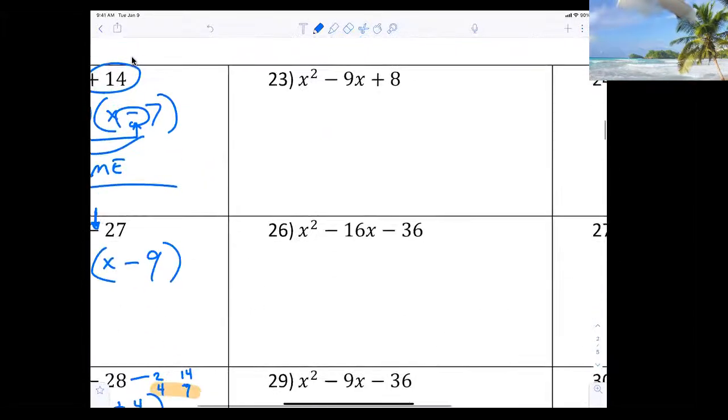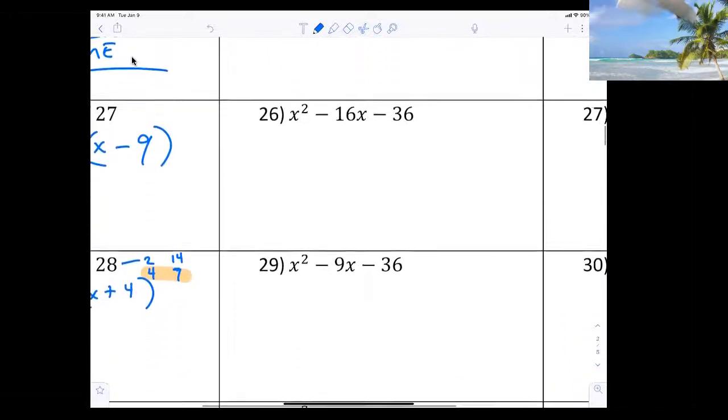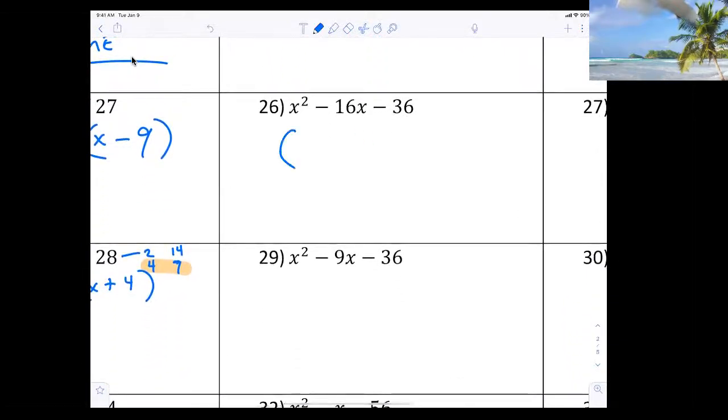Rivers, you don't need calculators on this. Go. 2 x's, x minus 8, and then x minus 1. Perfect. All right, Max. Wow, good job.